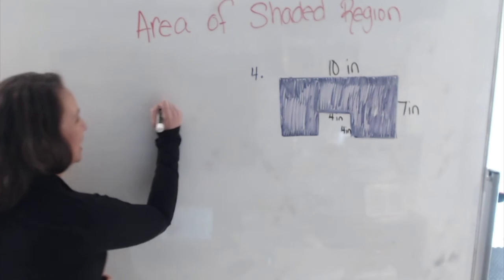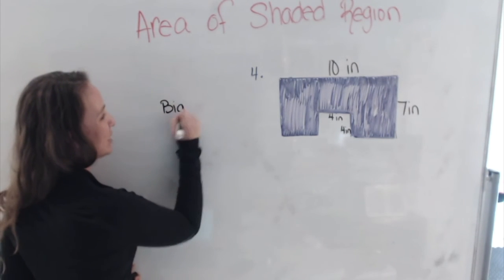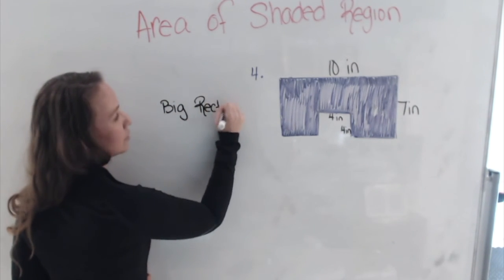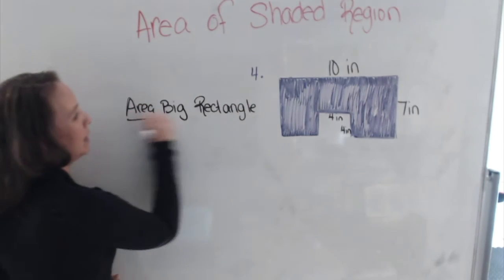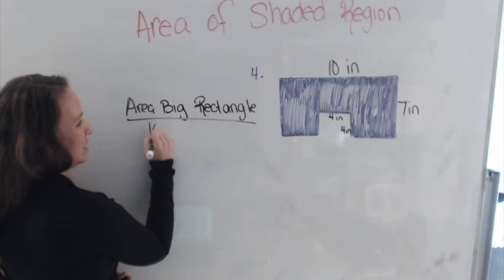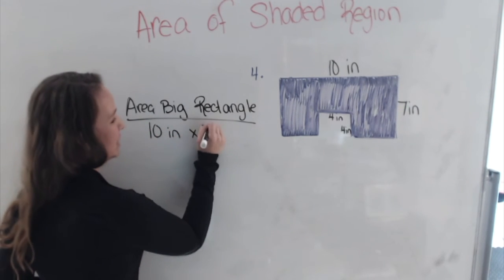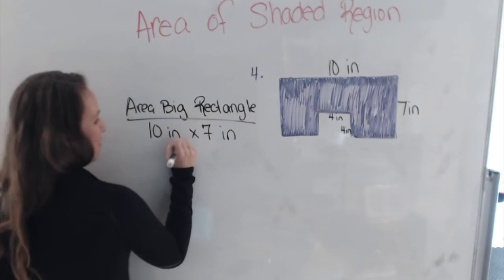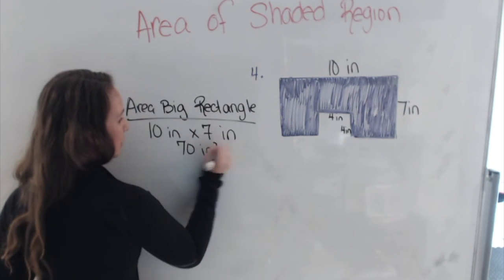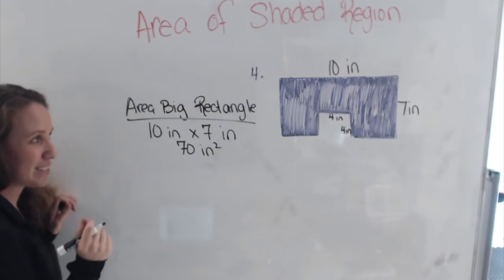So let's do our big rectangle. What is the area of the big rectangle? We have 10 inches times 7 inches, and 10 times 7 is 70 inches squared. And that's the big rectangle.